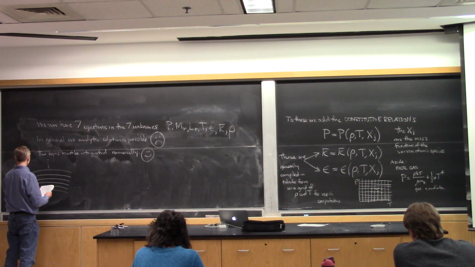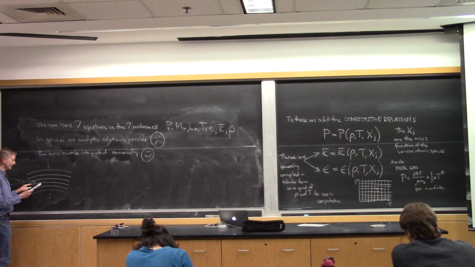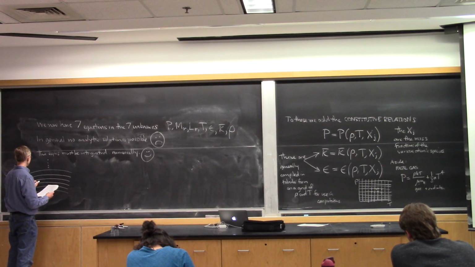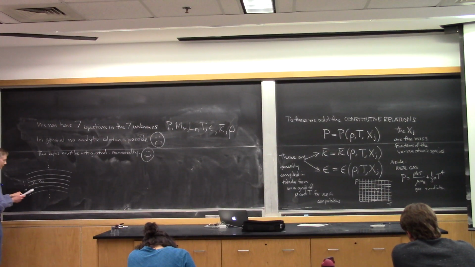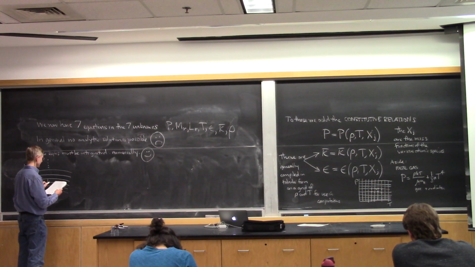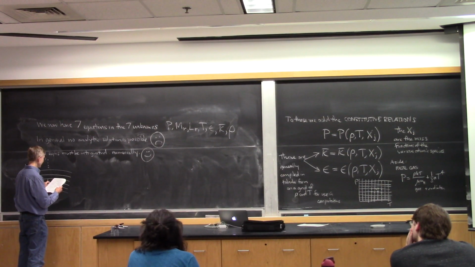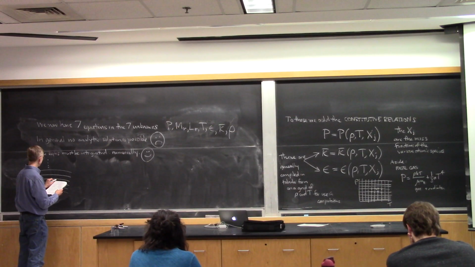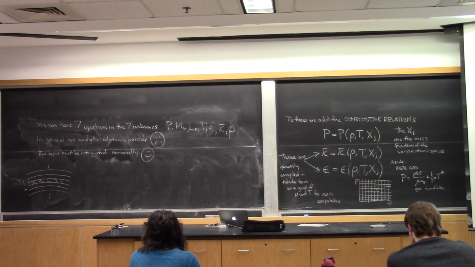So let's say that the pressure in this layer is P sub I. P sub I is the pressure in layer I. And here is M sub R comma I, mass interior to this shell, L sub R comma I, and T sub I, and R sub I, and then I won't list the other ones, but you could put them there as well. There's only so much room here.